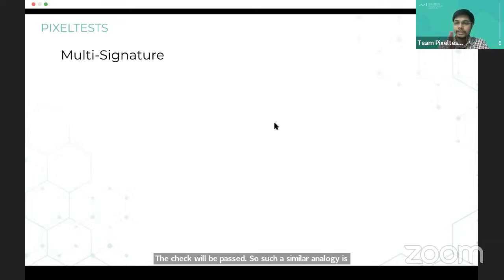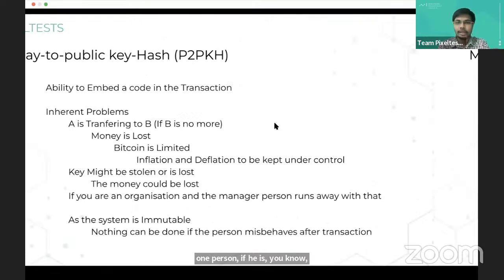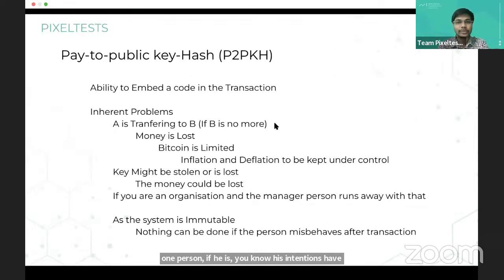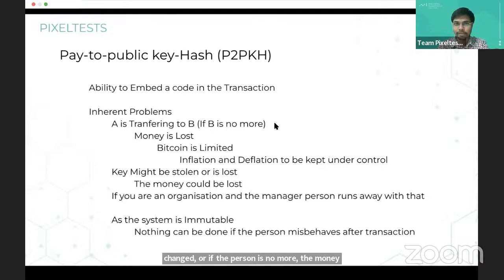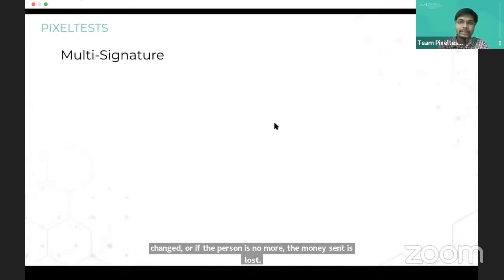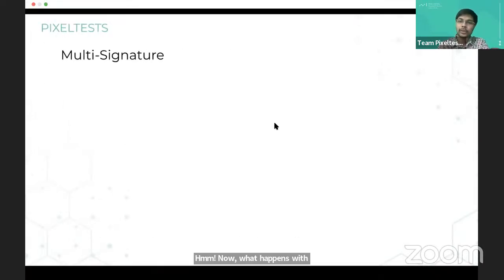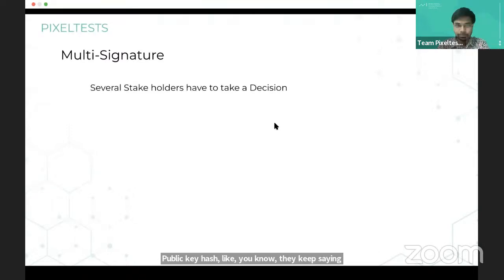When you're sending to one person, if his intentions have changed, or if the person is no more, the money sent is lost. With multi-signature, in the scripting, you can have public key hashes, so that several stakeholders have to take a decision.